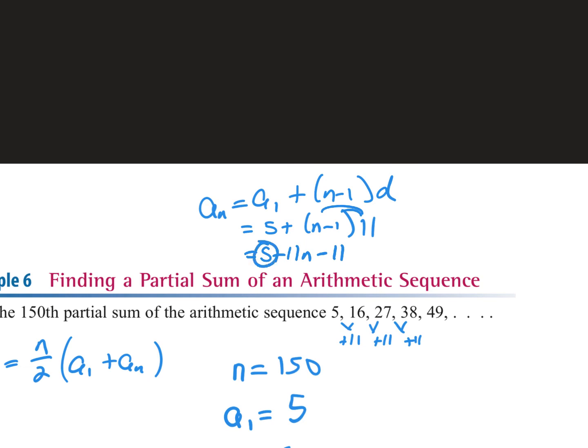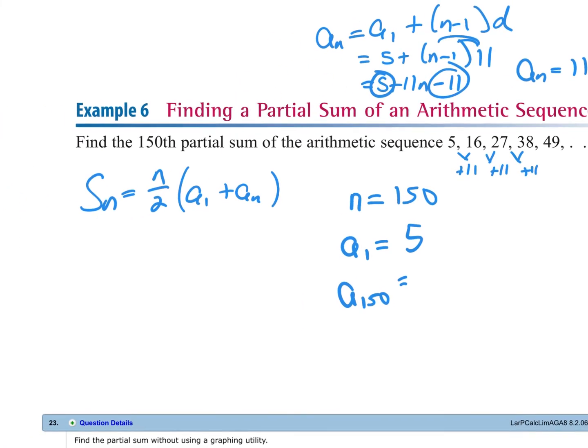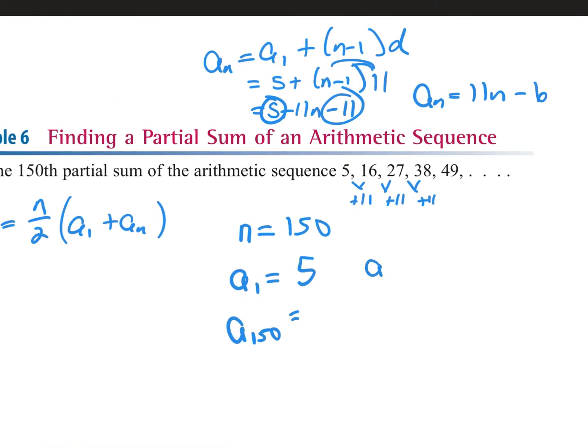So when I distribute, I get 5 plus 11n minus 11. What can I do with 5 and negative 11? Guys, positive 5 and a negative 11 is not 16. It's minus 6, okay? So my rule here would be a sub n equals 11n minus 6.